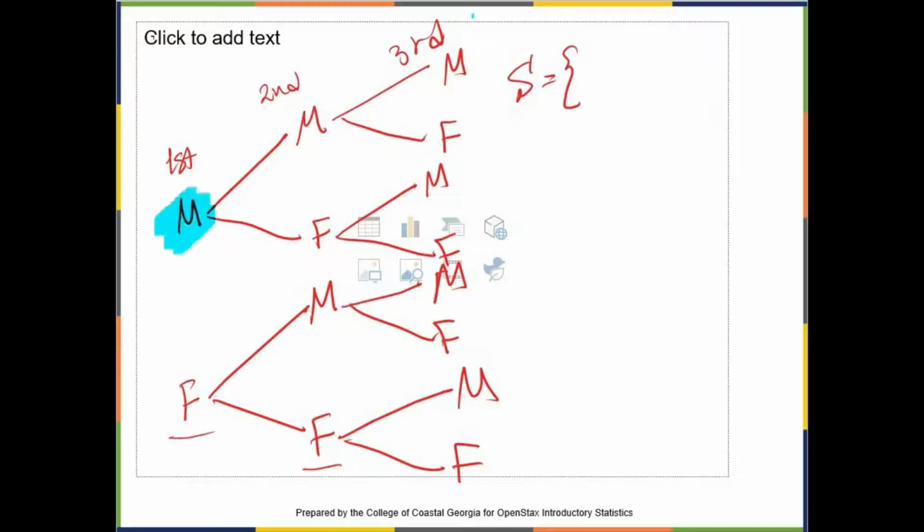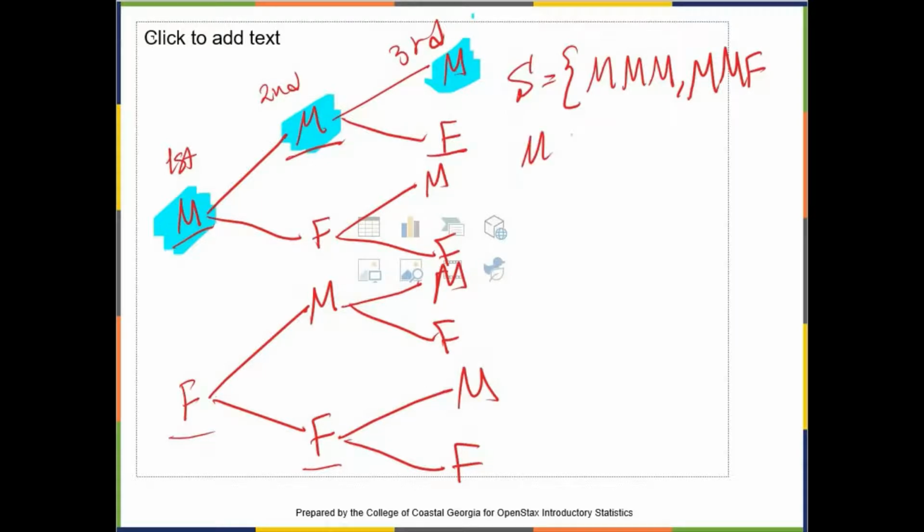The first possibility, male, male, male. So we're going to write male, male, male. The second possibility, male, male, female. Male, female, male. Male, female, female. Female, male, male.